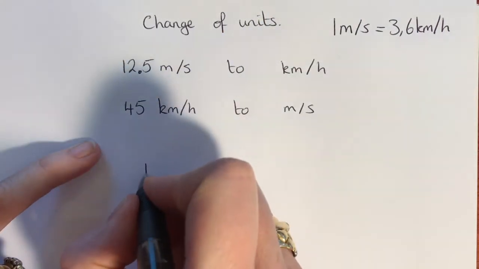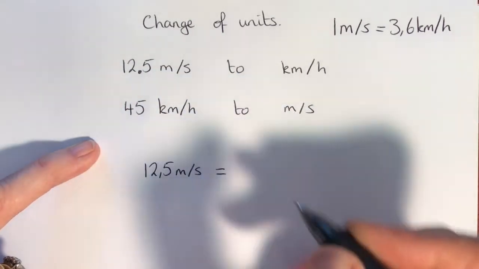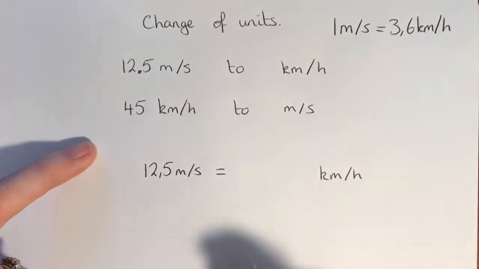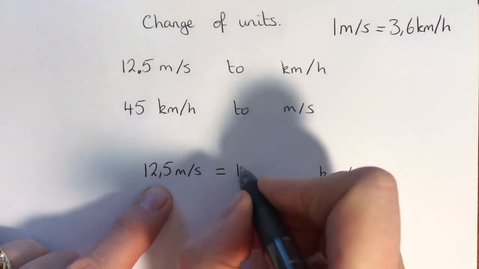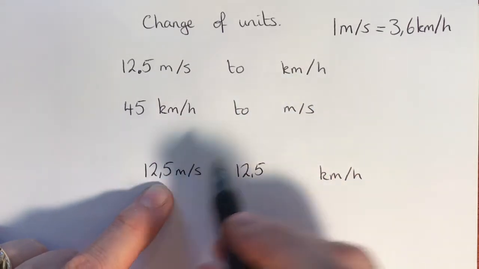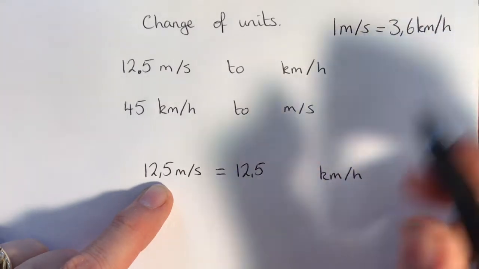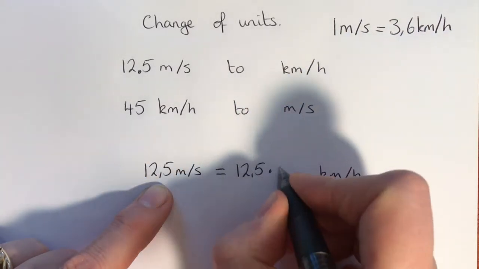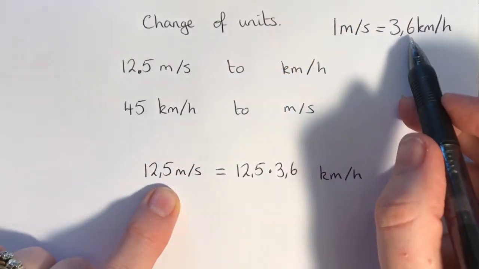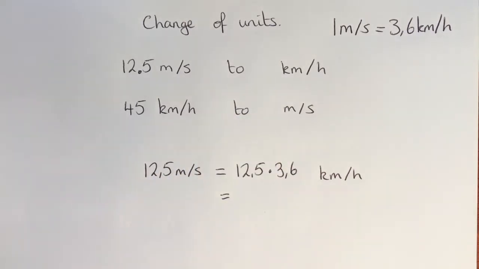So if we have 12.5 meters per second, and we wonder how many kilometers per hour that will be, we take our 12.5 meters per second, and because we know that 1 meter per second is 3.6 kilometers per hour, we multiply 12.5 by the conversion, 3.6 kilometers per hour. And this gives us our answer directly.